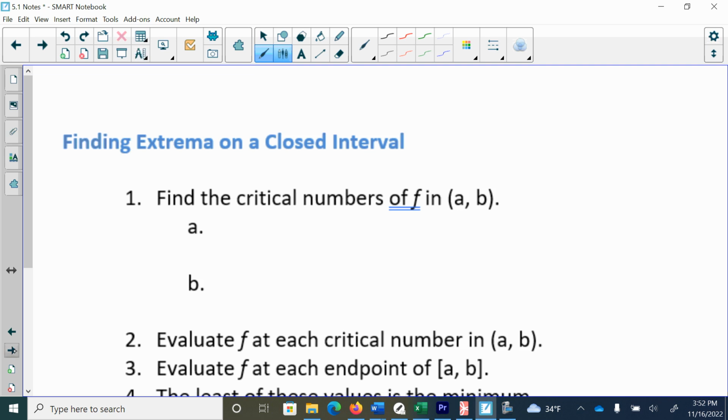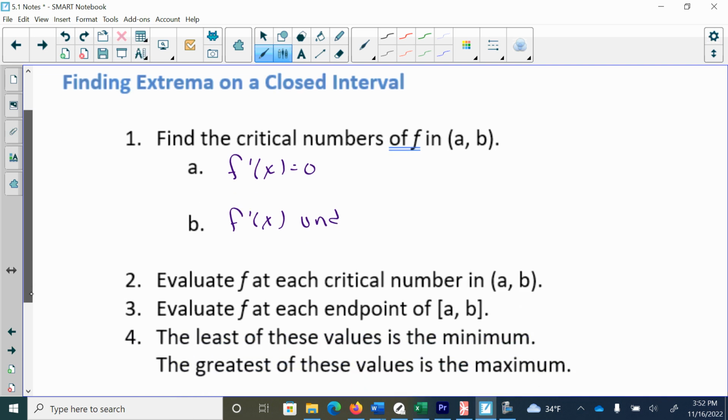So if I ask you to find the critical numbers of f in the interval from a to b, the two ways that you're going to find those critical numbers is, one, you're going to take the derivative and set it equal to 0. The second way is you're going to find out when the derivative is undefined. And usually when it's undefined, that means you have a denominator, and the denominator would equal 0.